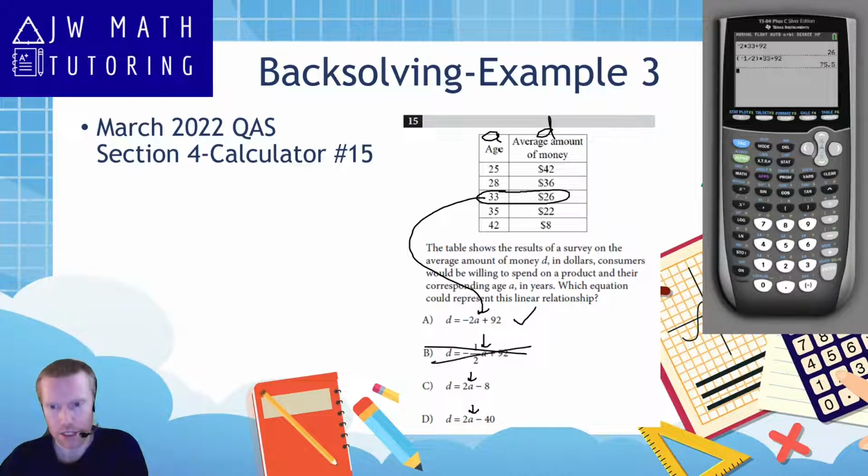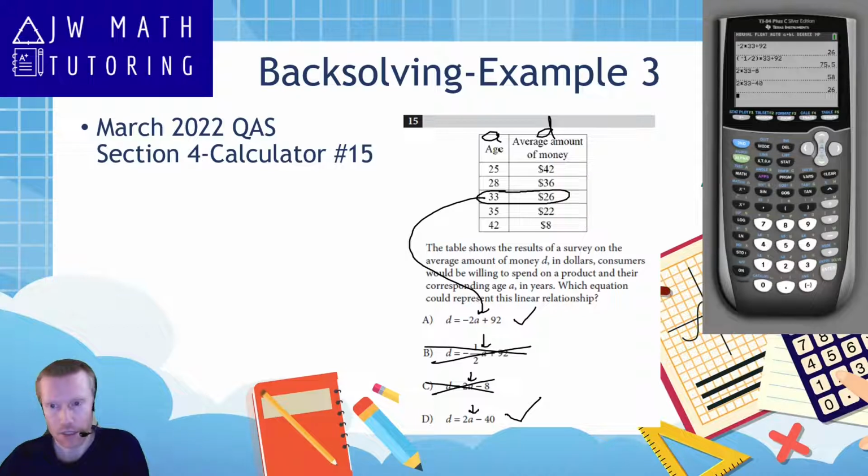That clearly does not equal 26, so now I move on. 2 times 33 minus 8. I get 58. That is not equal to 26. And then the last one, 2 times 33 minus 40. Okay, I get 26. So at least so far I found two potential correct answers.